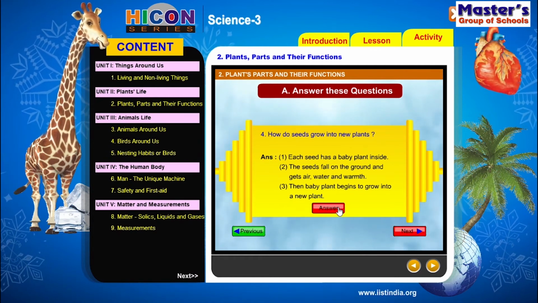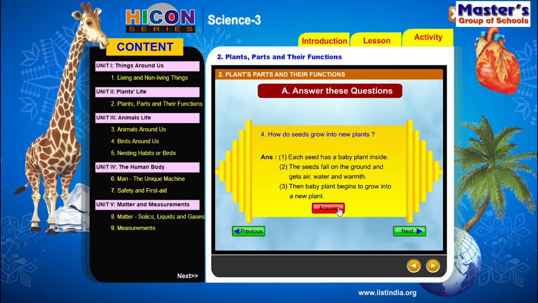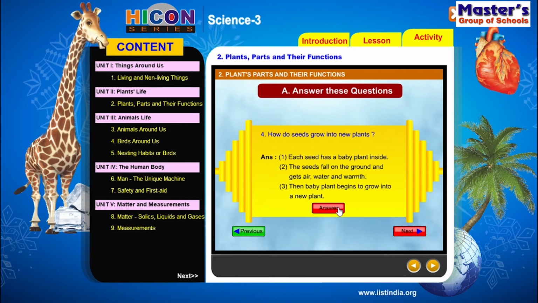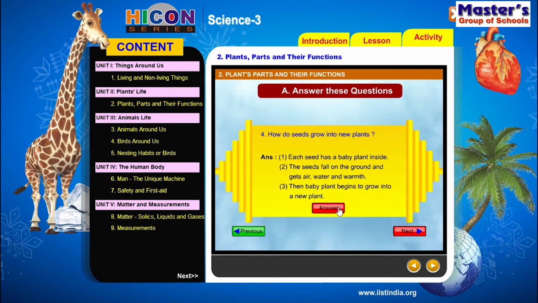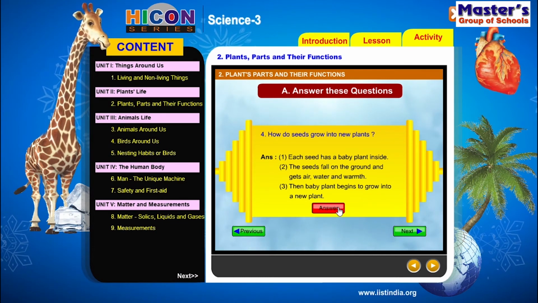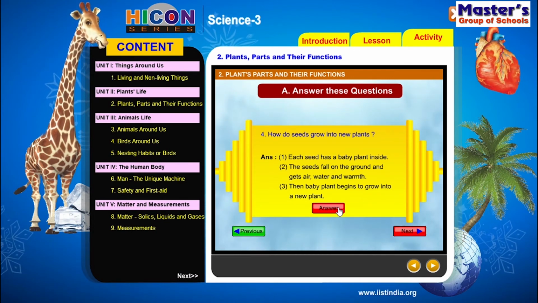So if the seed falls on the ground and goes into the ground, it will get air, water and warmth. When water enters the seed, the baby plant gets life and grows into a small plant, and a small plant will come out from the seed.